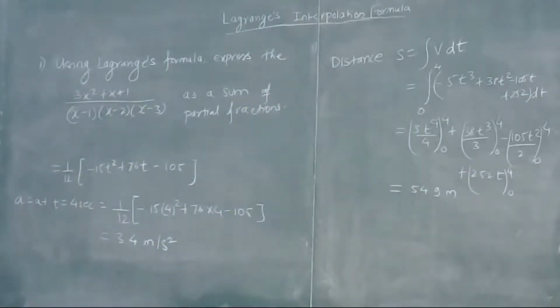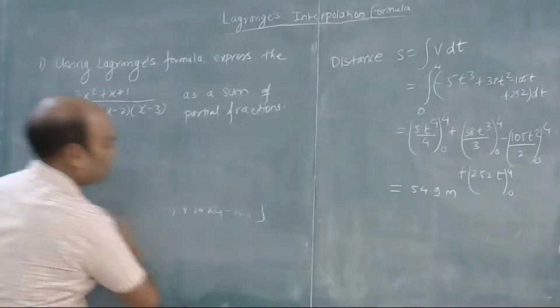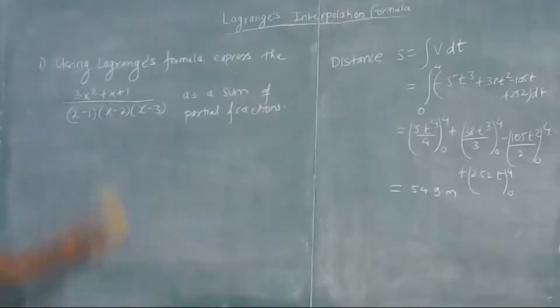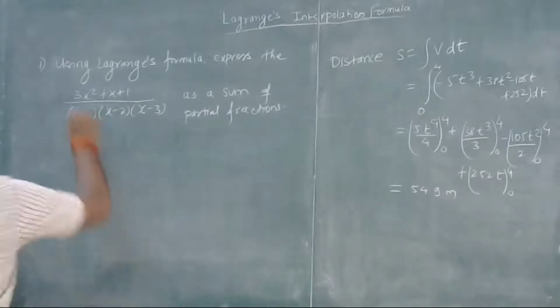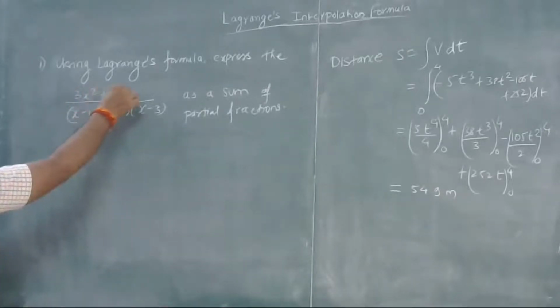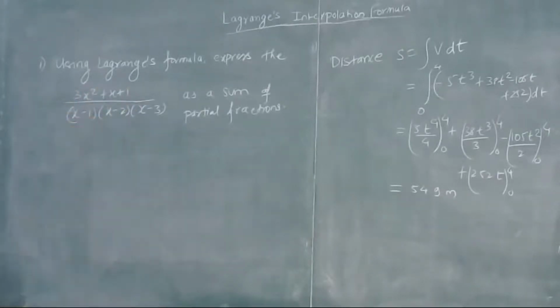So you have to find the partial fractions of this given expression using Lagrange's formula, that is 3x square plus x plus 1 divided by x minus 1, x minus 2, and x minus 3.